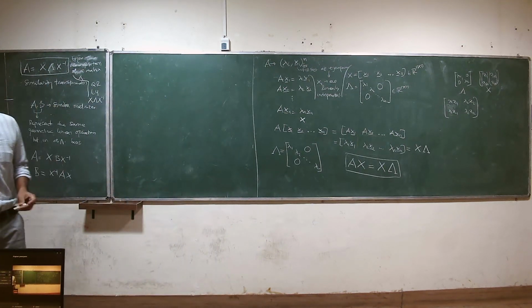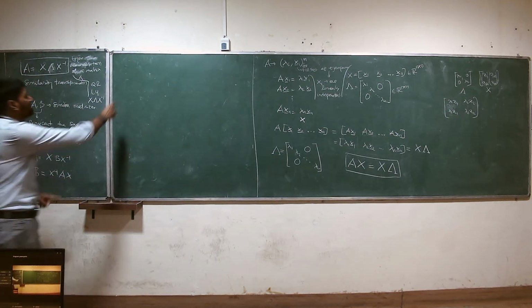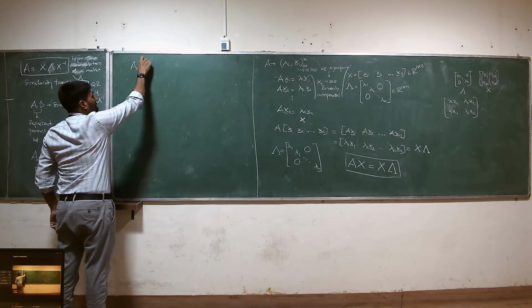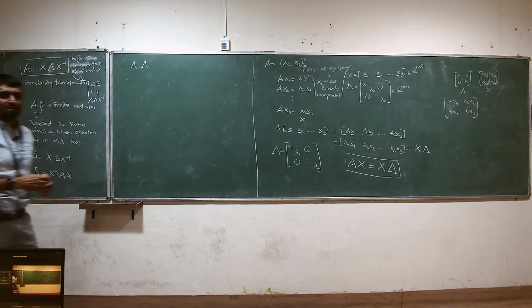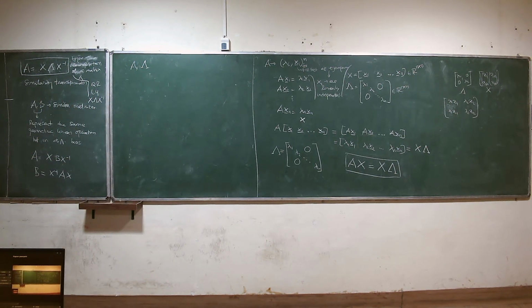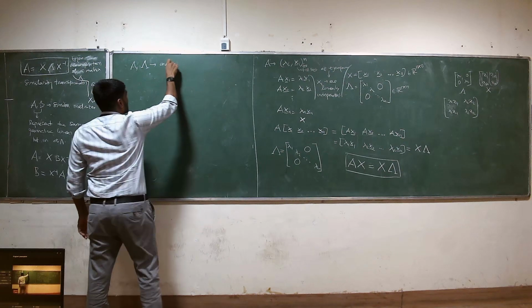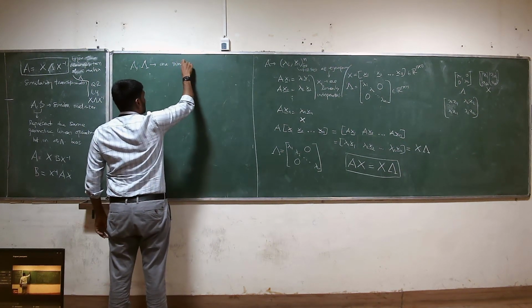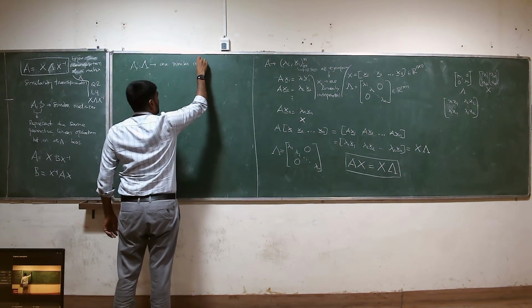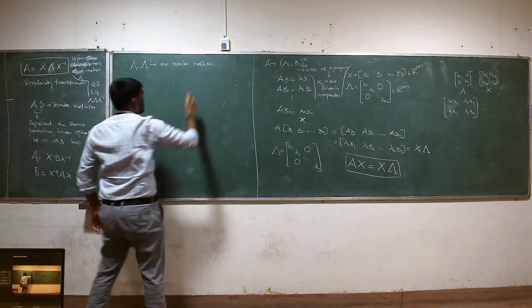By that argument, what can you say about A and lambda? Are they similar matrices? Yes, they are, right? They are of this form. So in fact, A and lambda are similar matrices.